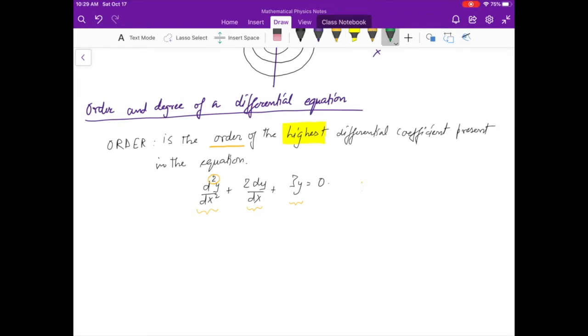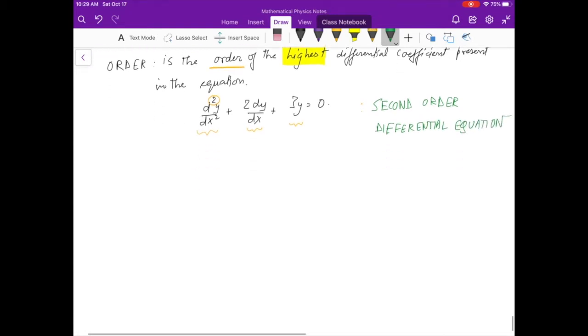This clearly is the definition of order. So this is the first part, which is order, and then we talk about degree.